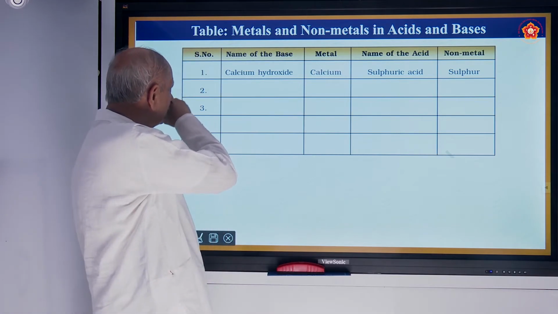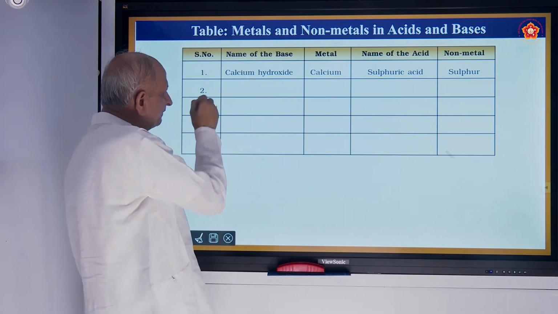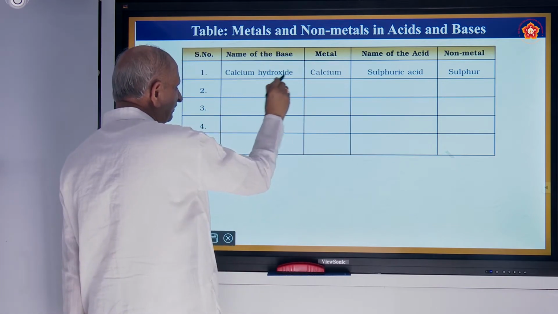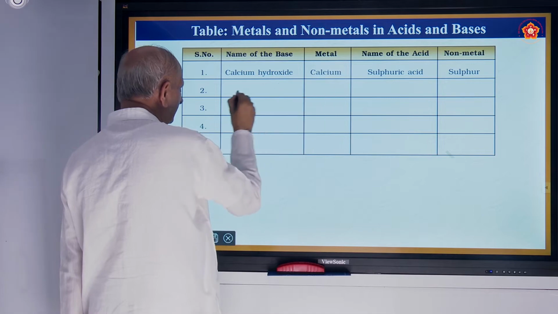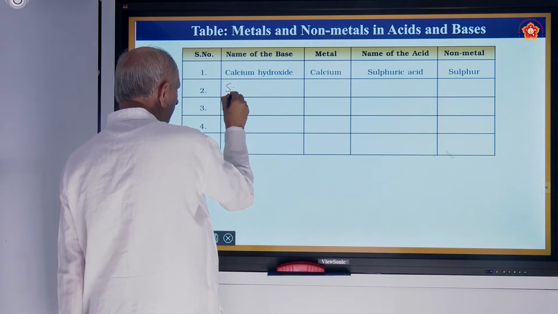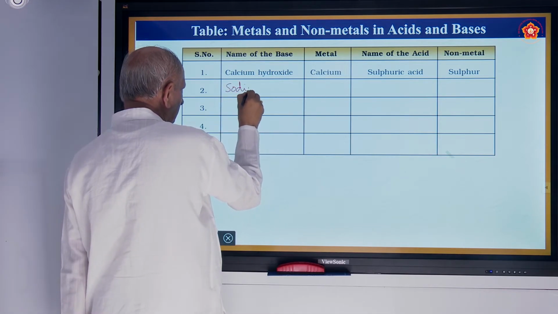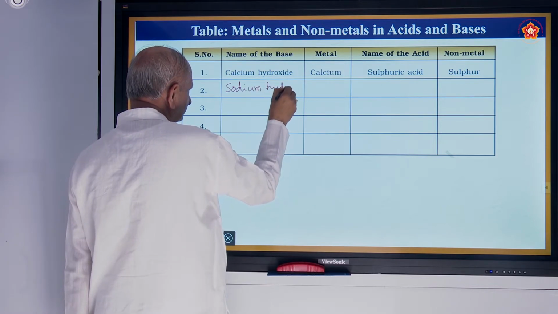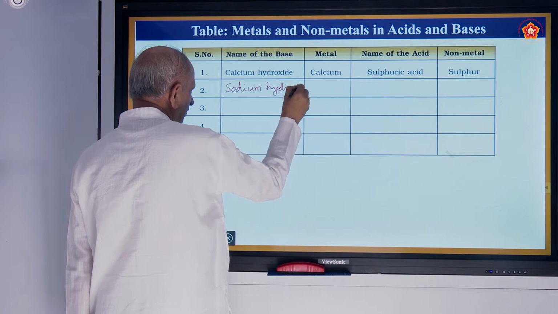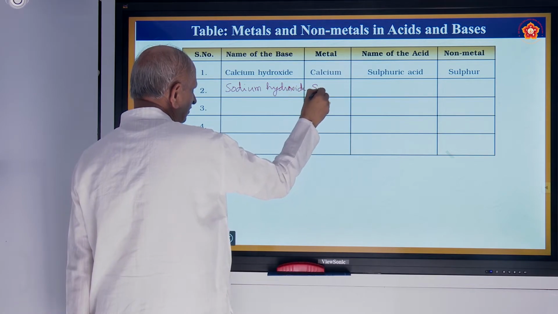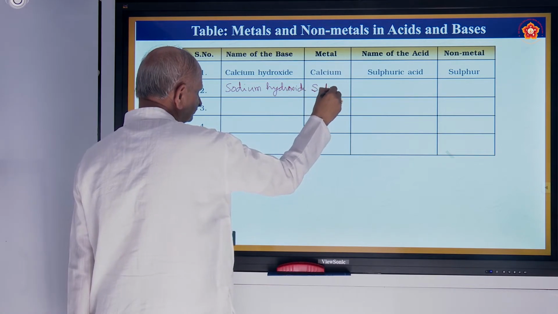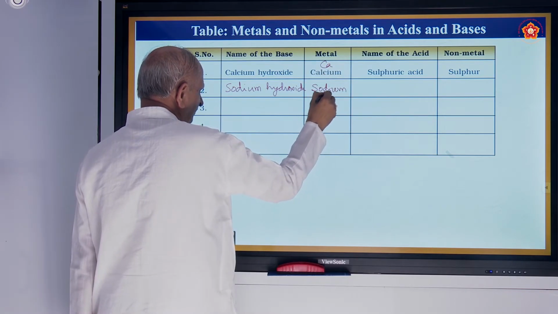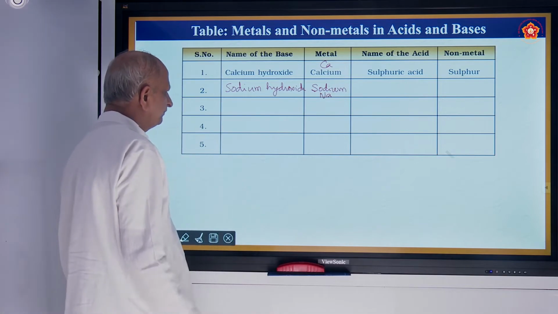Now let us list out the names of the bases, and you must write the metal. If it is calcium hydroxide, calcium is a metal. Suppose you write sodium hydroxide, you note down, the metal is called sodium. Calcium is Ca, sodium is Na, natrium.